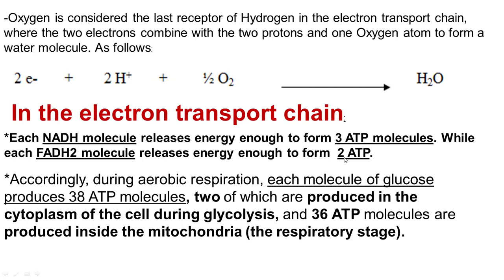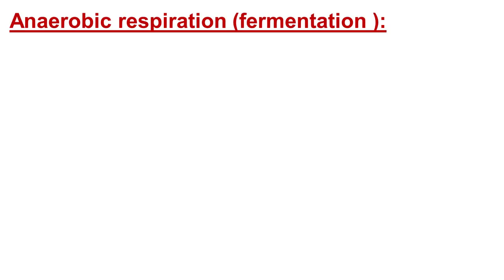Accordingly, during aerobic respiration, each molecule of glucose produces 38 ATP, 2 of which are produced in the cytoplasm of the cell during glycolysis. So in glycolysis we have only 2 ATP, and 36 ATP molecules are produced inside the mitochondria, through the electron transport chain.